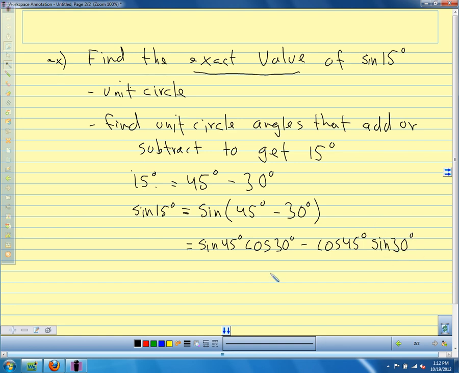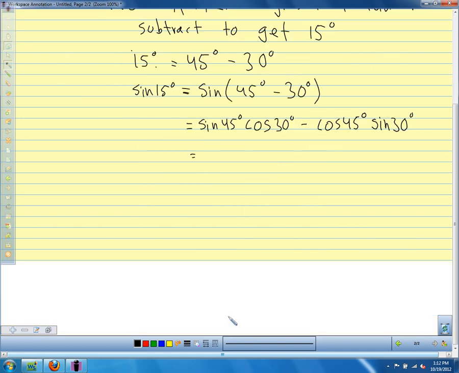And we can find these values on our unit circle. The sine of 45 degrees is square root of 2 over 2. The cosine of 30 degrees, square root of 3 over 2. The cosine of 45 degrees is also square root of 2 over 2. And the sine of 30 degrees is 1/2.